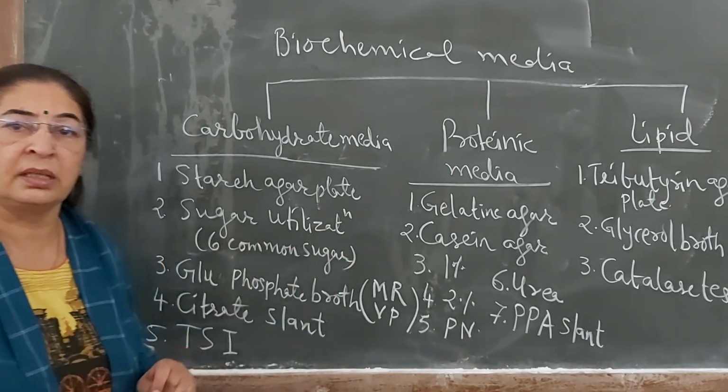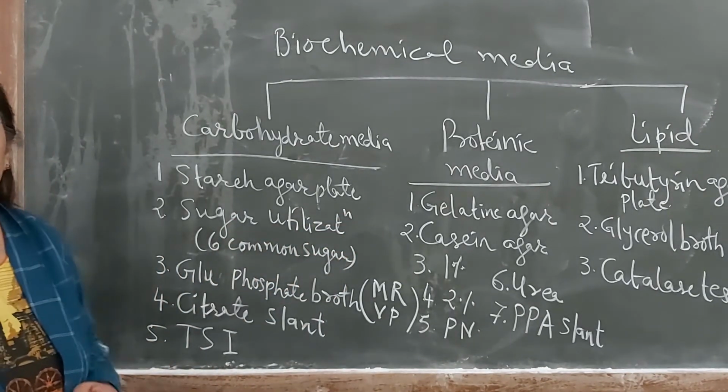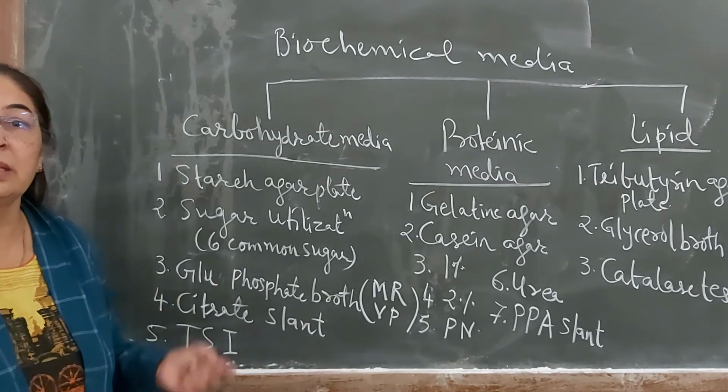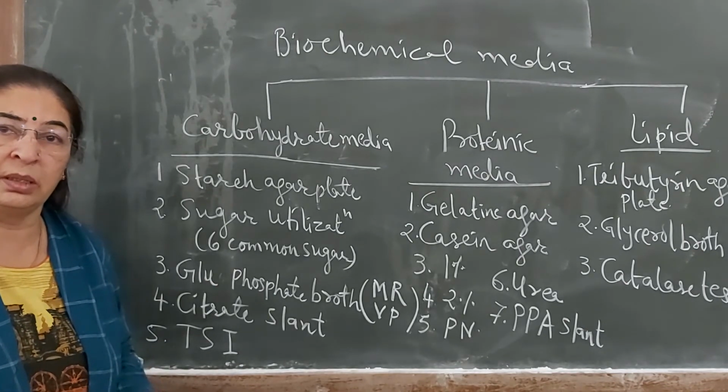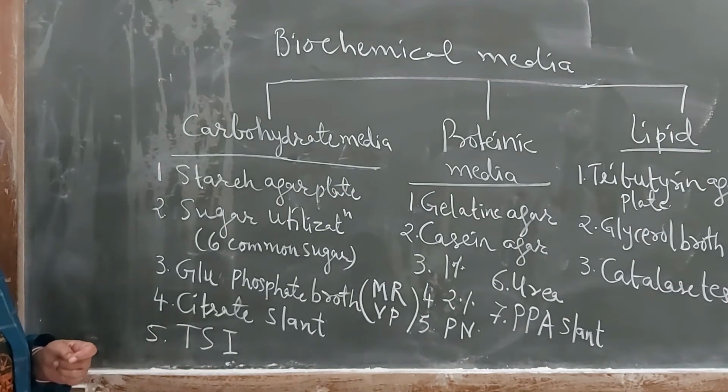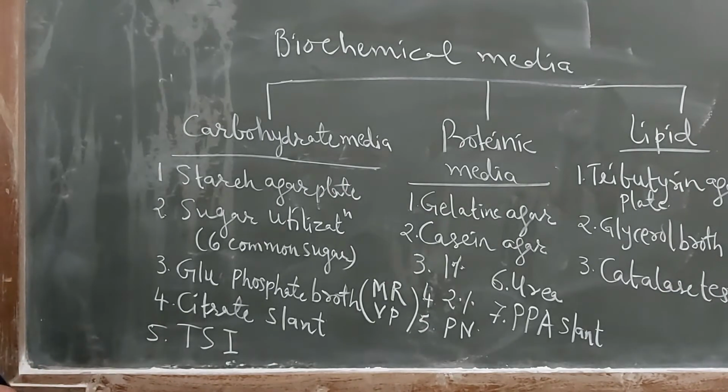So gelatin is one protein, enzyme is gelatinase, casein is another protein available in milk, enzyme is caseinase, and we are going to check 1% peptone, 2% peptone, peptone nitrate growth, urea for the urease enzyme, and for the deamination of phenylalanine, we are having phenylalanine slant.